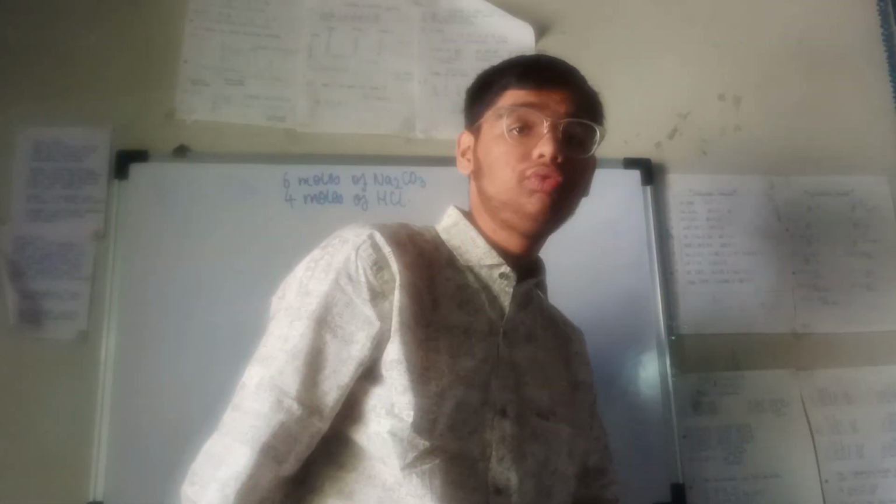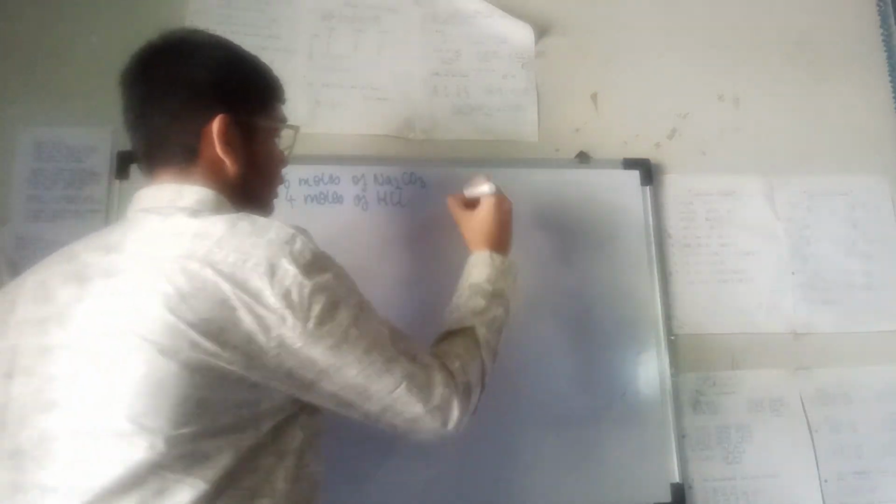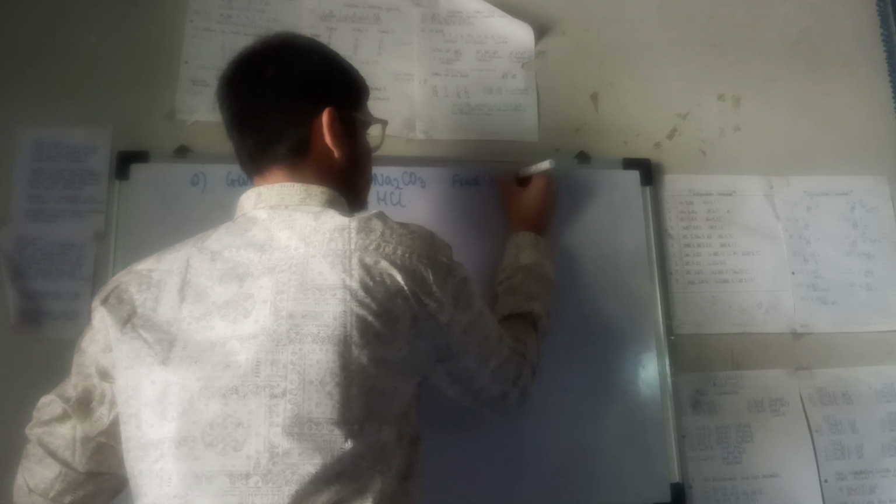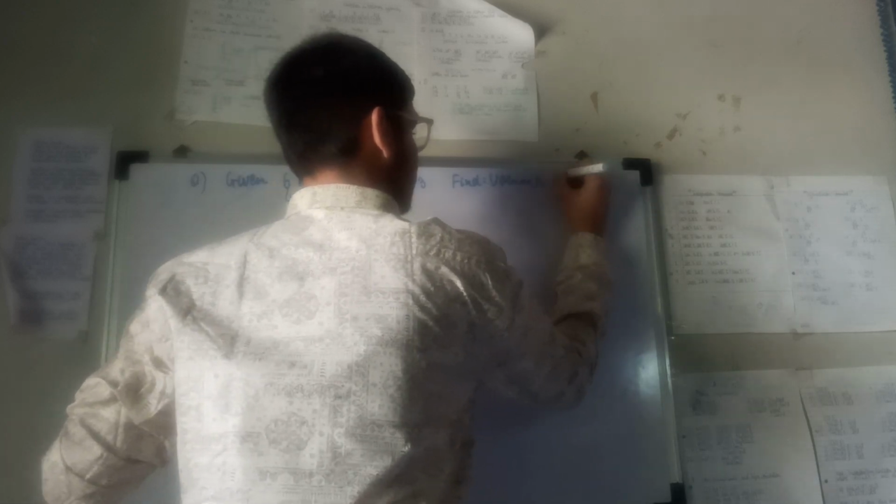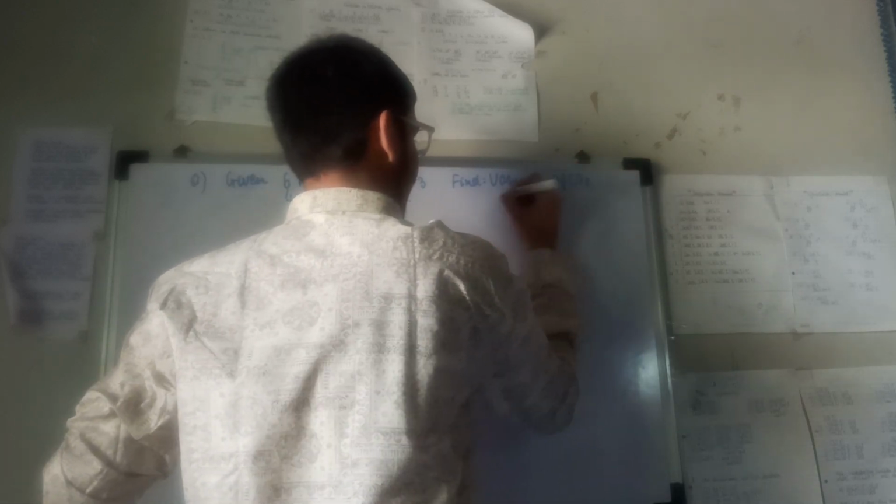Find the volume of carbon dioxide at STP. This is what is given in the question, and what we have to find is the volume of carbon dioxide at STP.